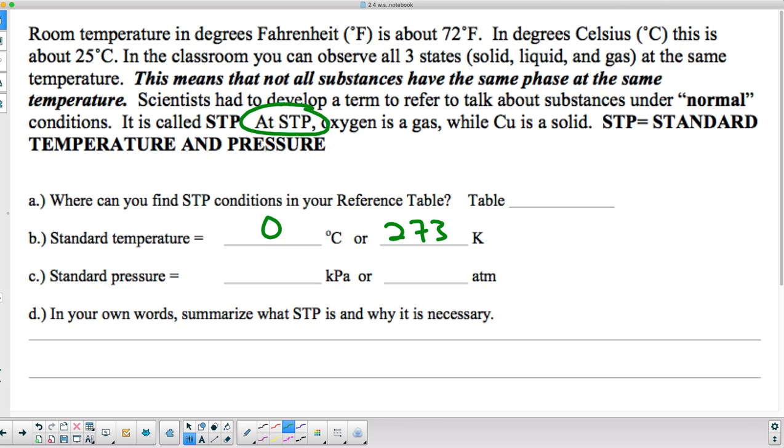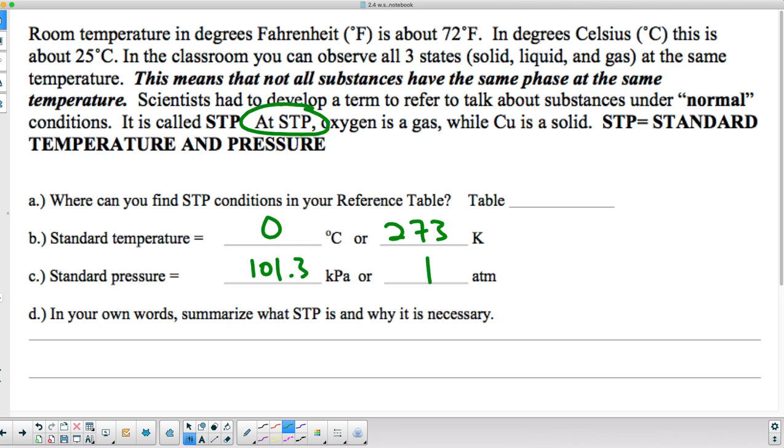The standard pressure, though, I can tell you, is 101.3 kPa or 1 atmosphere. Okay, you need a condition with temperature and pressure so that we can say it's standard. It's something that we report our information in.